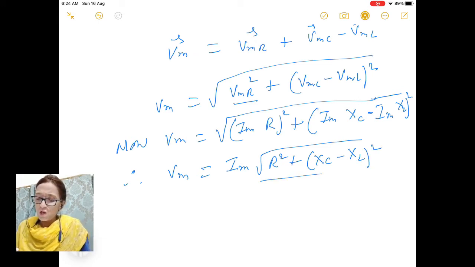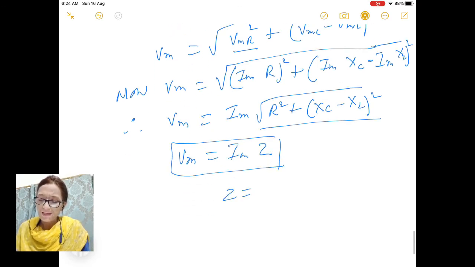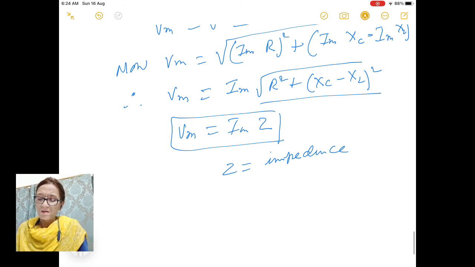So if you change this quantity by Z, Im Z, then it will be of Ohm's law form, and here Z is called impedance. And you can see impedance is the total resistance through the resistor and the resistance offered through the capacitor and inductor.